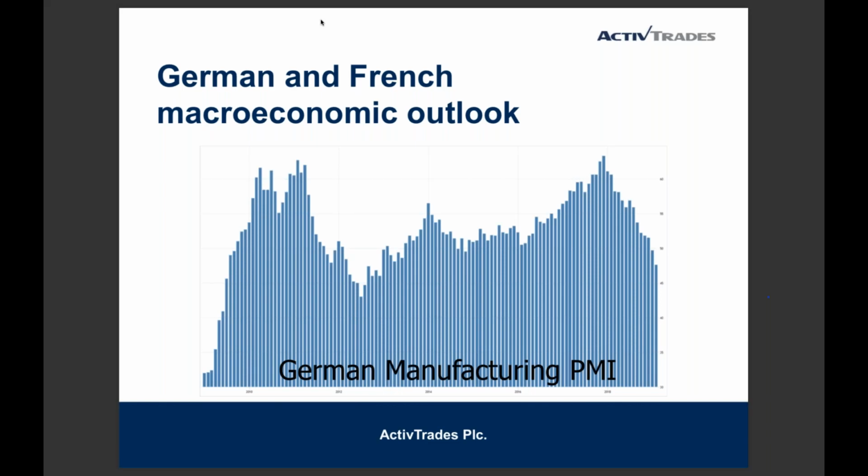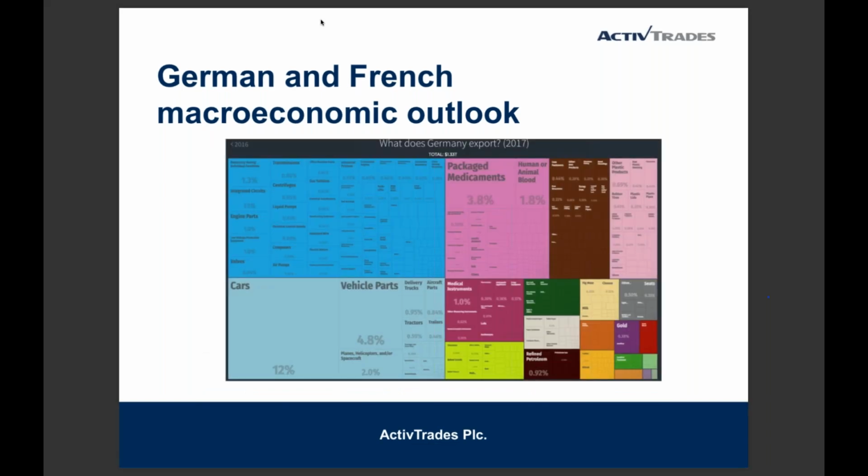So the German manufacturing PMI is an indicator to watch, and along with slow growth, economists are saying that Germany is in a technical recession, or very nearly. So you're going to start seeing these exports of cars, vehicle parts, and machinery maybe declining more, which will be bad for industry overall.